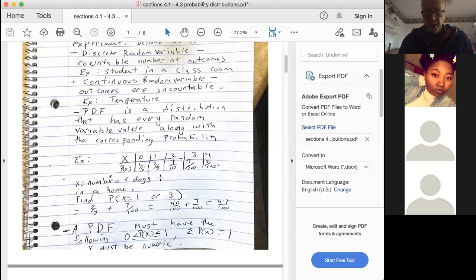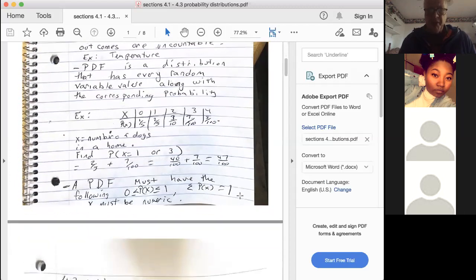We go to X equal 1, we get 2/5. We go to X equal 3, we get 7/100. Since the key word here is or, and you can't have 1 dog and 3 dogs at the same time, they're mutually exclusive. So we just add up the individual probabilities, 2/5 and 7/100. That gives us 47/100, or 0.47 if we want to look at it that way.